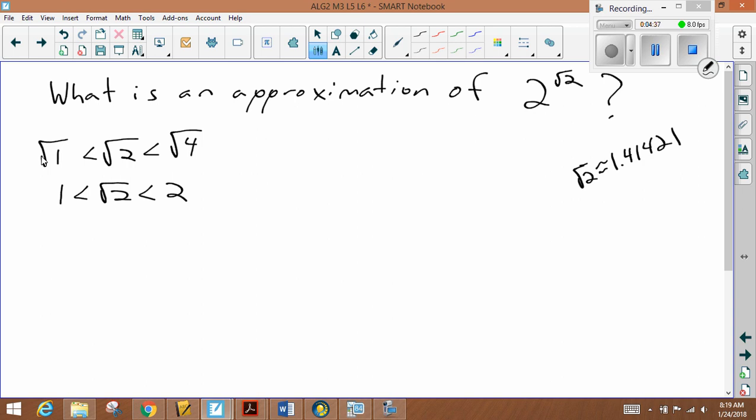So I know that 2 to the square root of 2 power must be somewhere between 2 to the square root of 1 and 2 to the square root of 4.